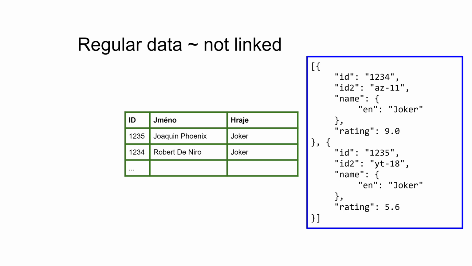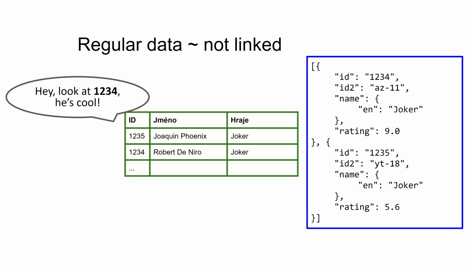But let's take a look at the other problems that are there with these data sets. The second problem is that the identifiers used in those data sets are actually not unique. Imagine that we talk to our friend about the data here, and we say, hey, take a look at 1234, he's cool.